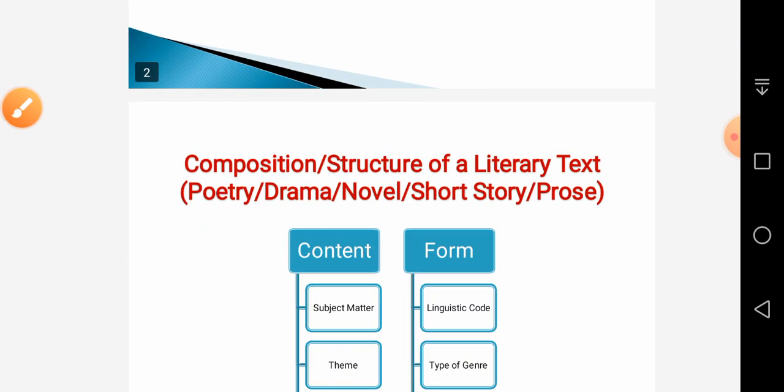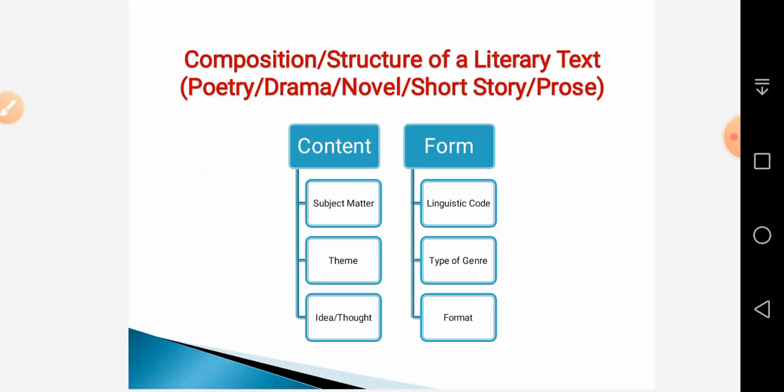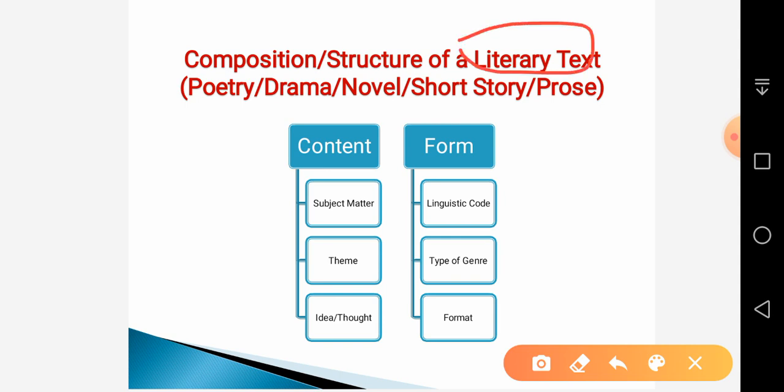So first of all, before we proceed further, we need to have a basic idea about a literary text, or we also say literary discourse. So literary text or literary discourse can be a piece of poetry. It may be a lyrical poetry or a narrative poetry.